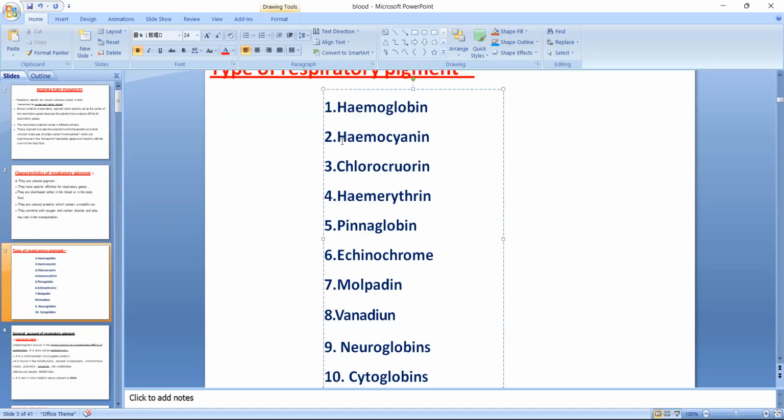These are the most asked respiratory pigments. Immunoglobulin, I have never seen. Molbodin, these are never seen. Anyway, you just remember their name and example.